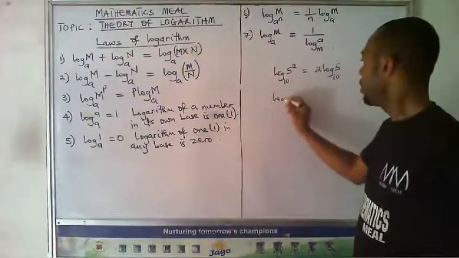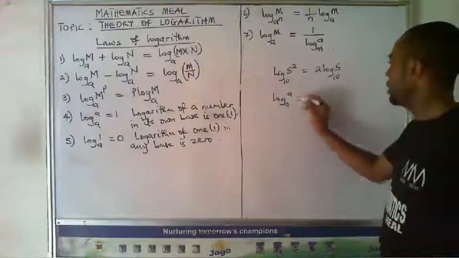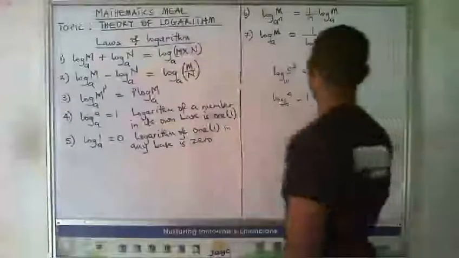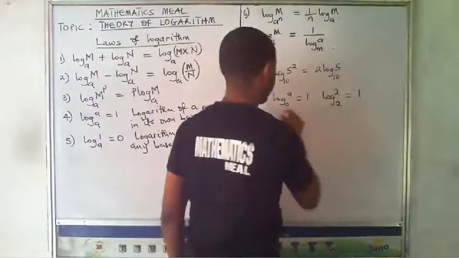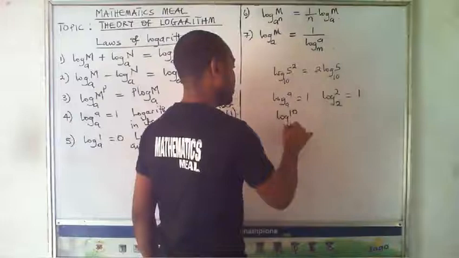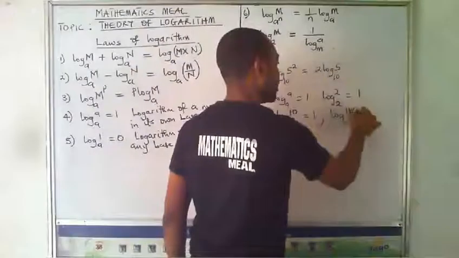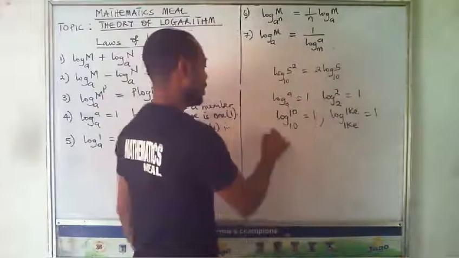So log a in base a will give us 1. Log 2 in base 2 is 1. Log 10 in base 10 is 1. Log e in base e is also 1. All right.